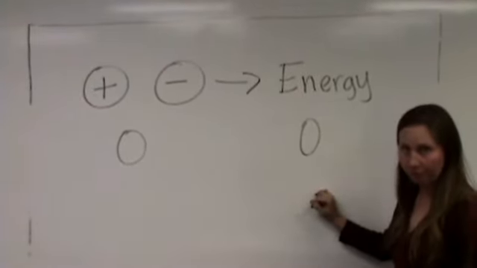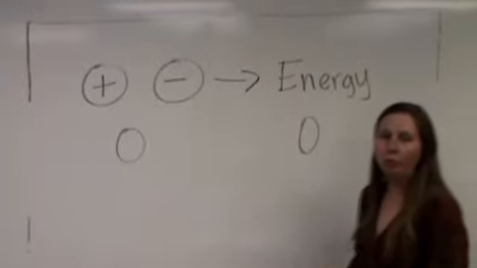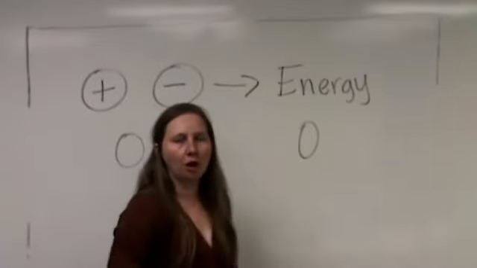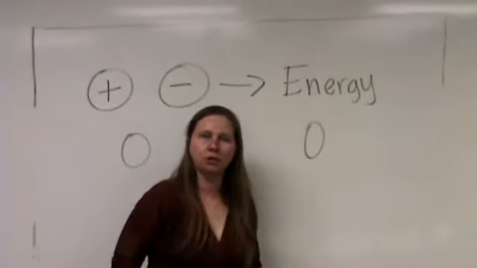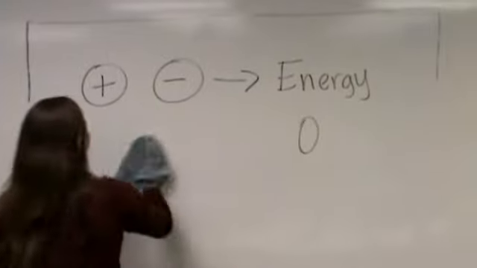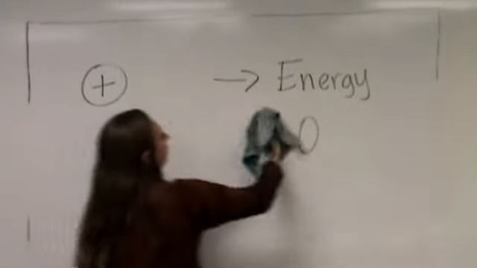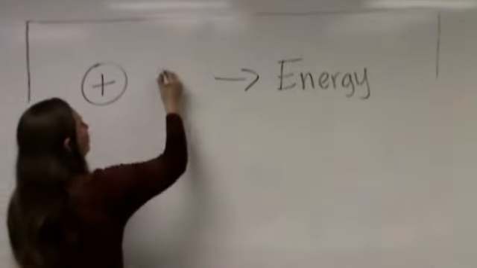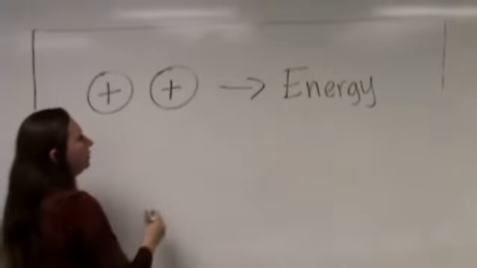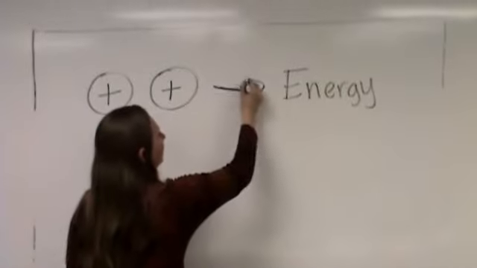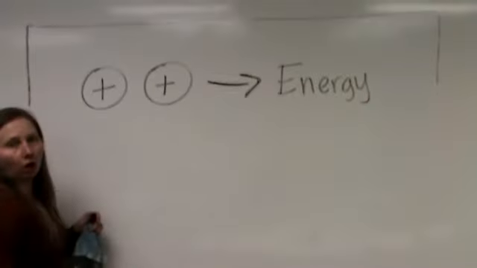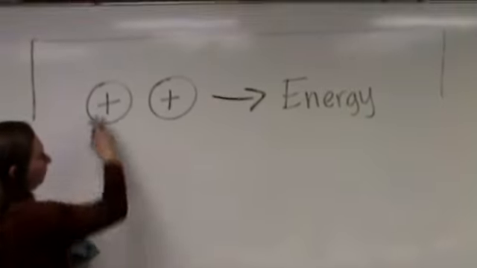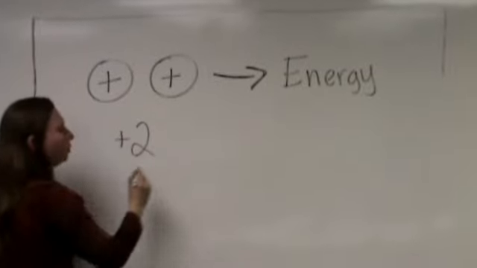Now, what would be the problem if you tried to get two protons to annihilate each other? Well, the charge at the beginning would be +2.